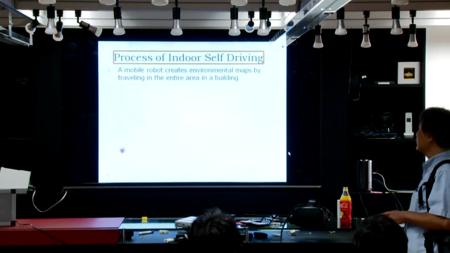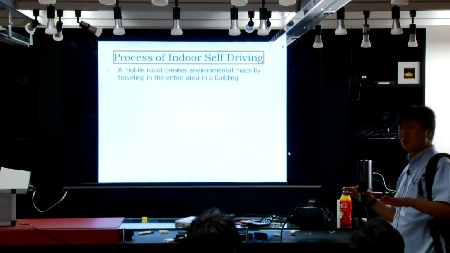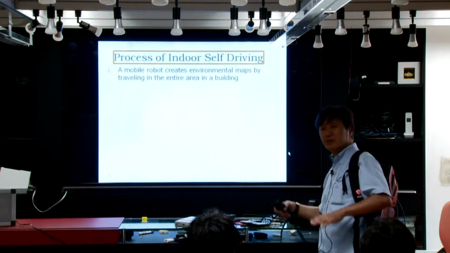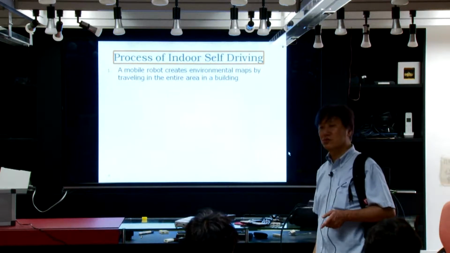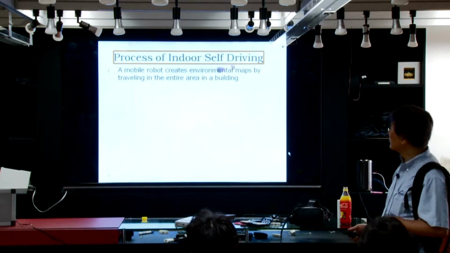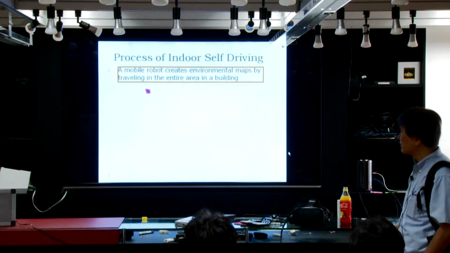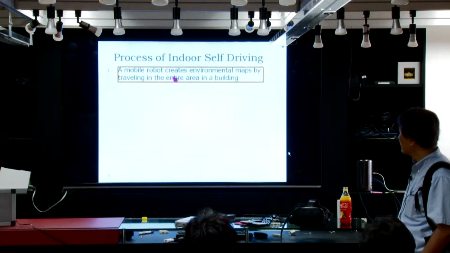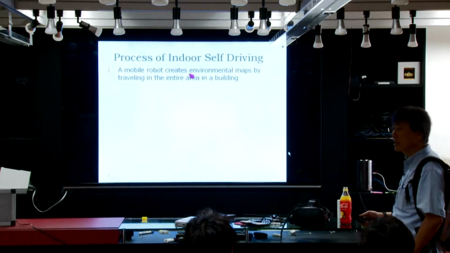About the process of indoor self-driving. It is a little bit different from outdoor driving. Outdoor driving is currently a very hot issue for self-driving cars. But in this case, it's indoor self-driving. First, as I mentioned before, a mobile robot like this creates environmental maps by traveling inside the building, the entire area of the building.